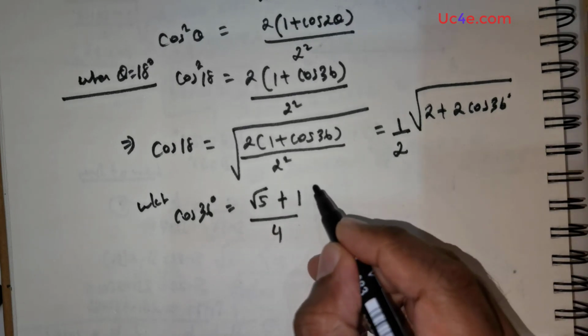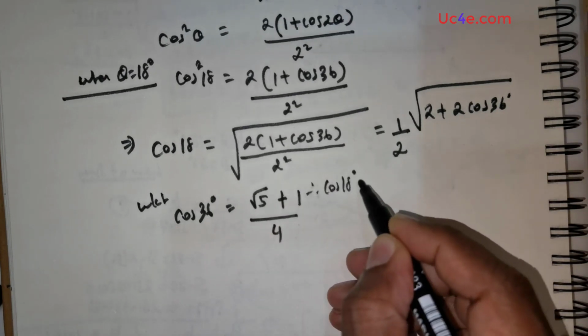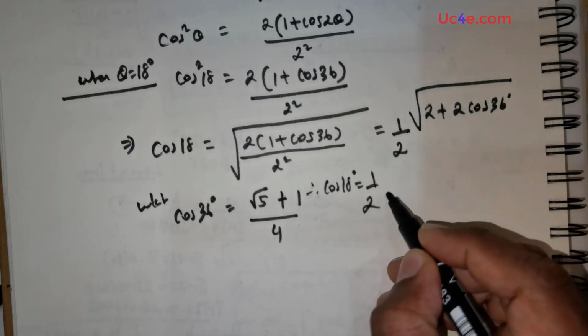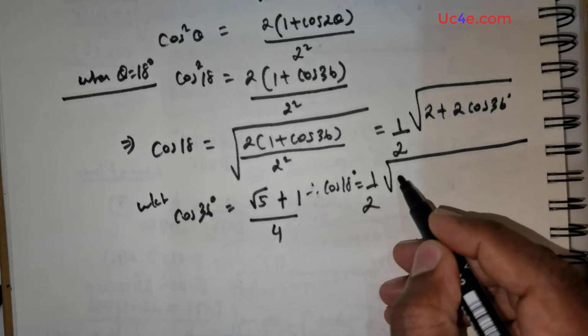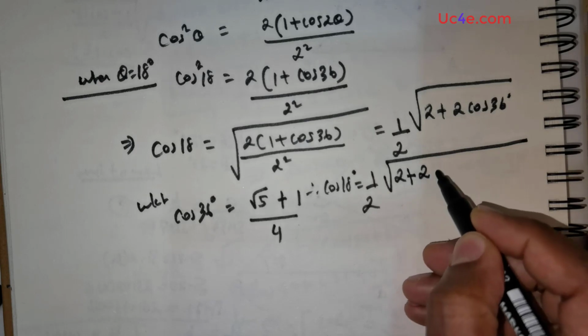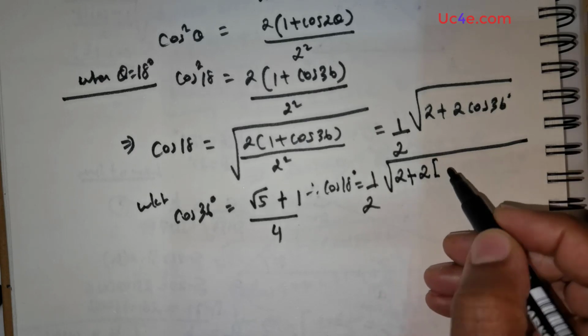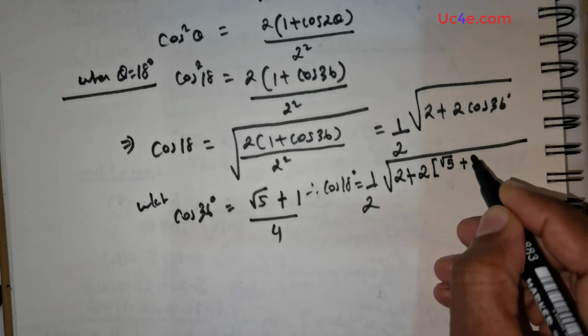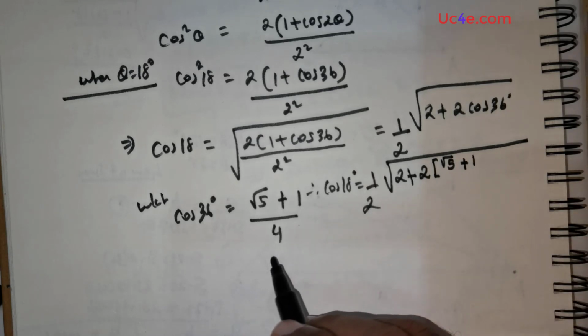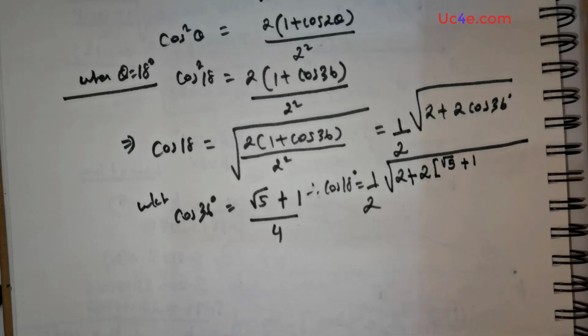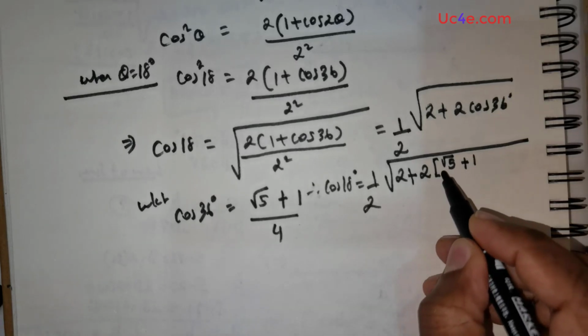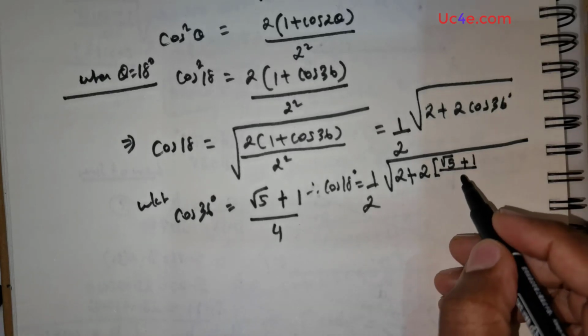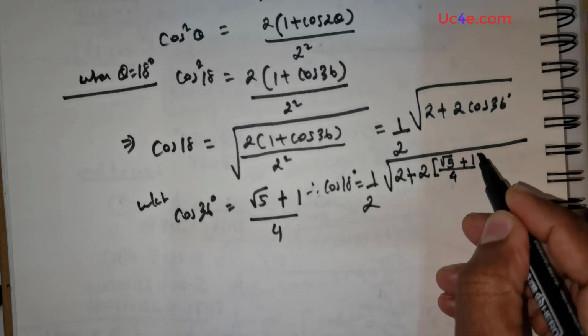So therefore cos 18 degrees is equal to 1 over 2 times the square root of 2 plus 2 times root 5 plus 1 divided by 4. So let me just place those values there. I'm going to draw a line and place this 4 there.